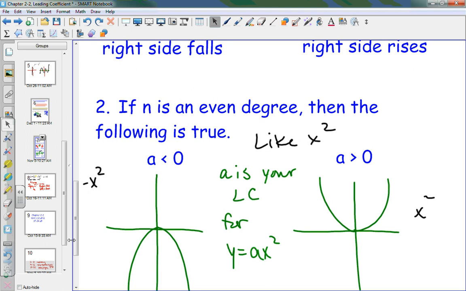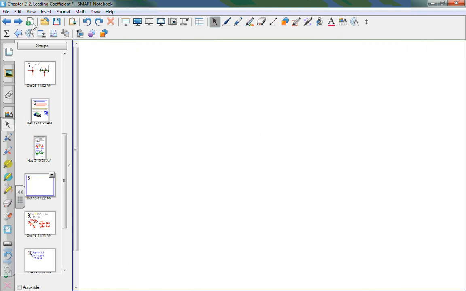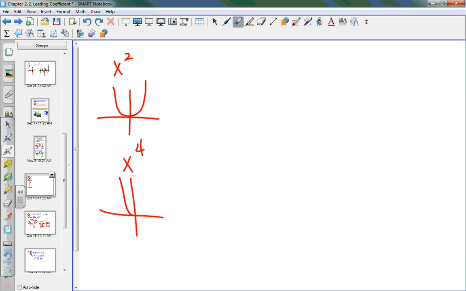Well, wait, if it's something to the 6th power, how's it going to look like x squared off the x-axis? Okay, good question. If I have x squared, it looks like this, right? If I have x to the 4th, it's going to look like this. It gets flatter, okay? It gets flatter.